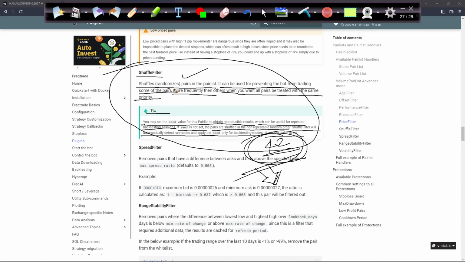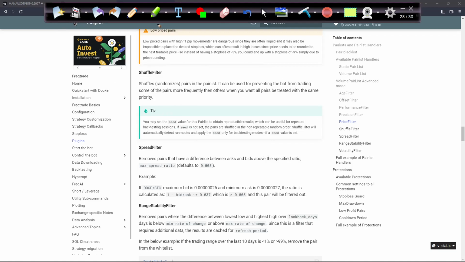But not setting the seed is a good idea, I think, for giving all coin pairs the same priority, which is quite important as well.